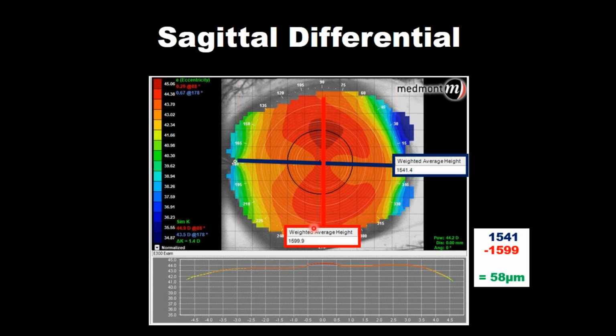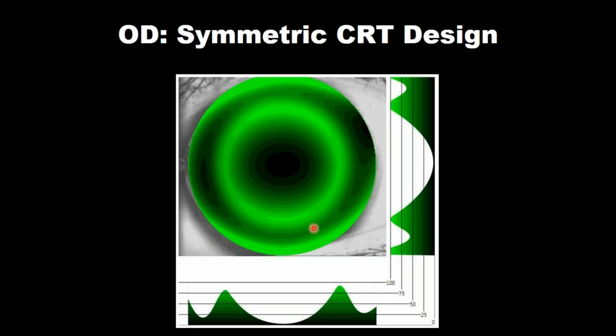Another way we could look at this is to use the CRT fitting software from Paragon Vision Sciences. What that allows us to appreciate is the theoretical fluorescein that might exist. We can import our topography into the CRT software and then understand, will it align across the flattest meridian?